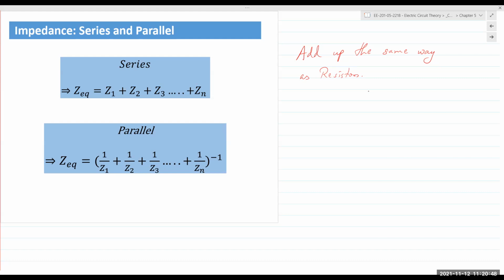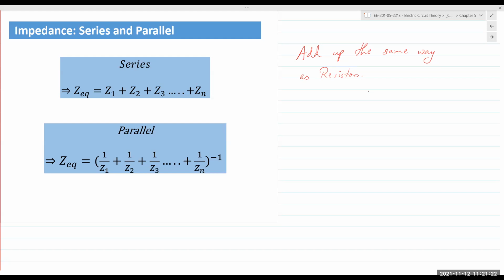Now, when you have 2 inductors in parallel and you want to find one single inductance between those 2 points, what do we do? We take 1 over L1 plus 1 over L2, and we take the reciprocal, right? If we want to find the total impedance of those inductors, we do the exact same thing. 1 over ZL1 plus 1 over ZL2, and we take the reciprocal.